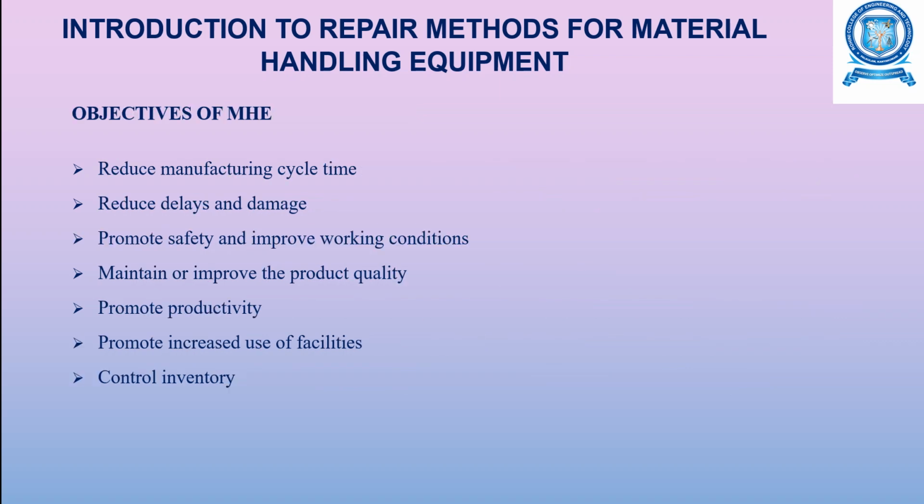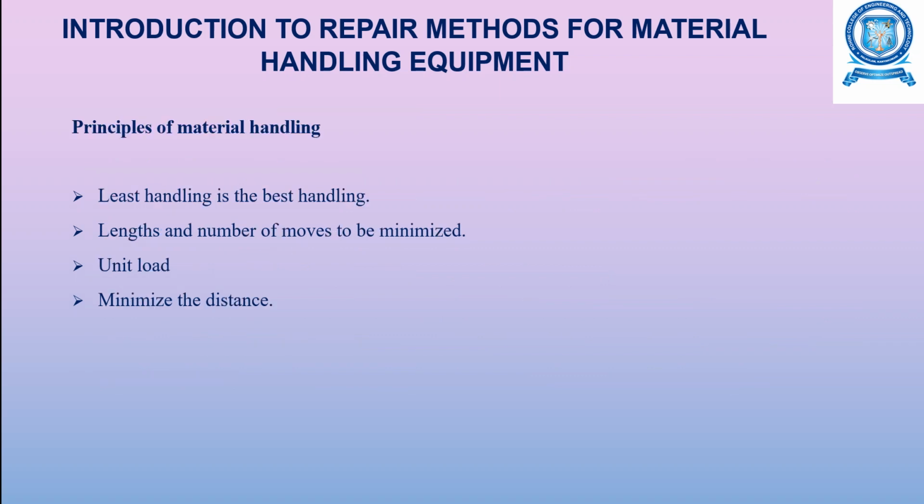So coming to the objectives of material handling equipments. The first objective is to reduce the manufacturing cycle time, to reduce the delays and damage, to promote safety and improve the working conditions, to maintain or improve the quality of the product, to promote productivity, also to promote increased use of these facilities, and to control the inventory.